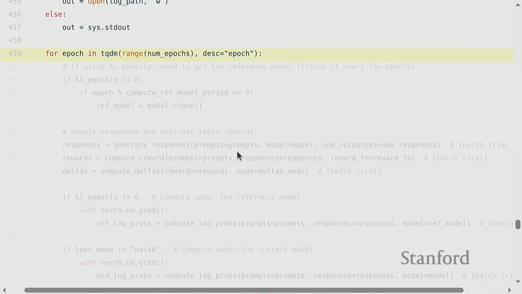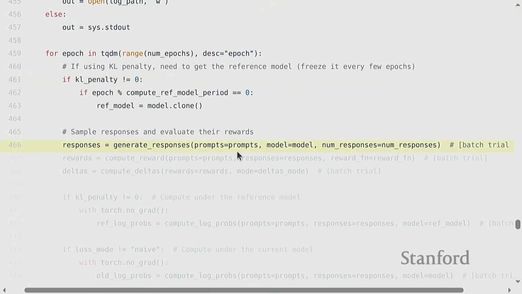There's an outer epoch loop, and sometimes if I'm doing a KL penalty, then I'm going to freeze the model and have that as a reference so I can regularize towards that.